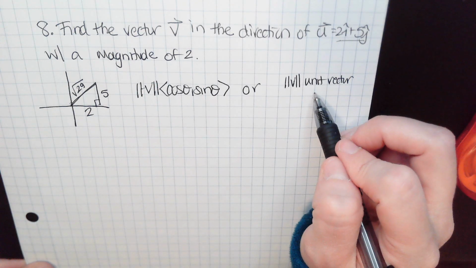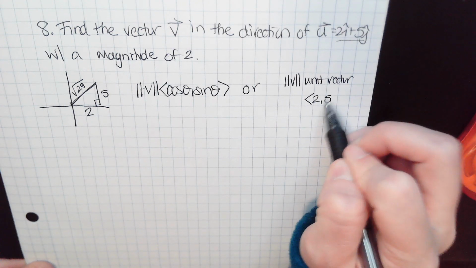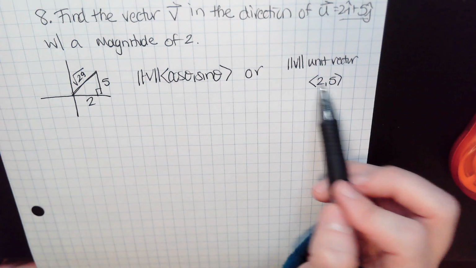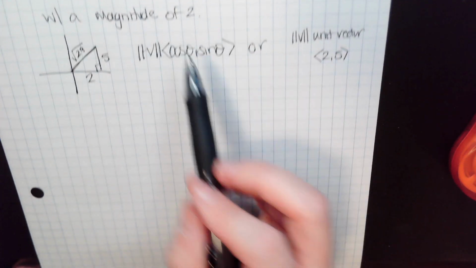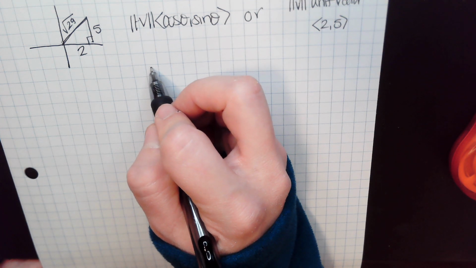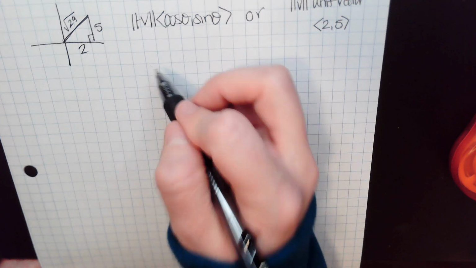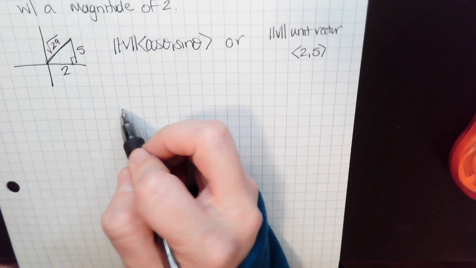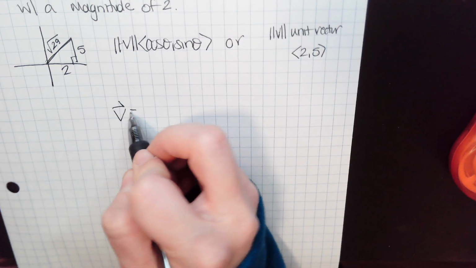So you would take 2, 5, find the magnitude, which again should be root 29, divide that by root 29, and then multiply through by your new magnitude of 2. Your final answer, which I should see all of your work for, since it was given as a linear combination initially, I want you to give the answer as a linear combination.